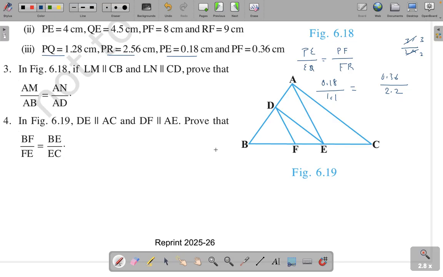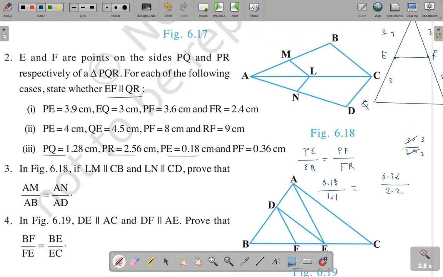Any doubt? No, sir. Okay. In figure 6.18, LM is parallel to CB. I am using this arrow sign to represent parallel.